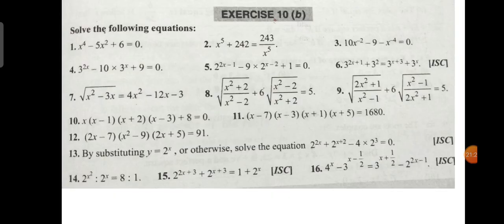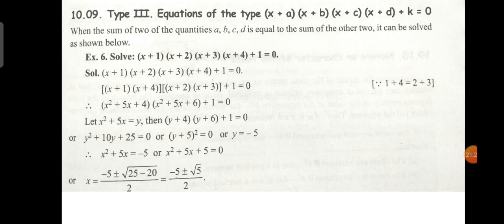Okay, the two roots are (minus 5 plus root 5) by 2 and (minus 5 minus root 5) by 2. Those are the roots of that equation. Okay. Yes, so this is how you have to solve equations of the type (x plus a) into (x plus b) into (x plus c) into (x plus d) plus k equal to 0. Okay, so 3 types of equations have been there.